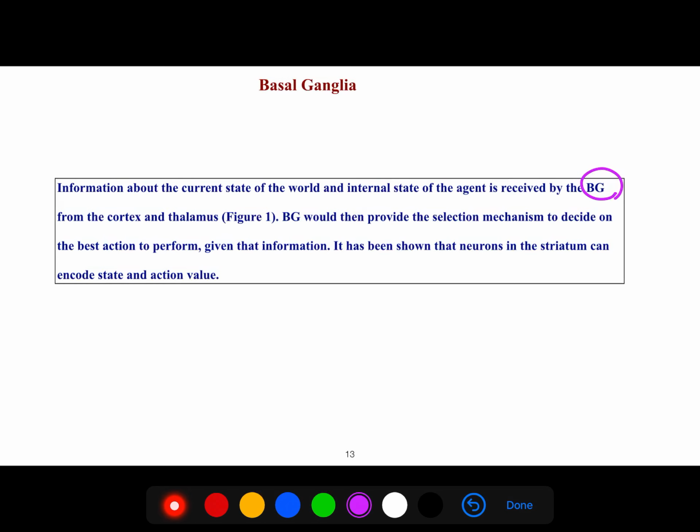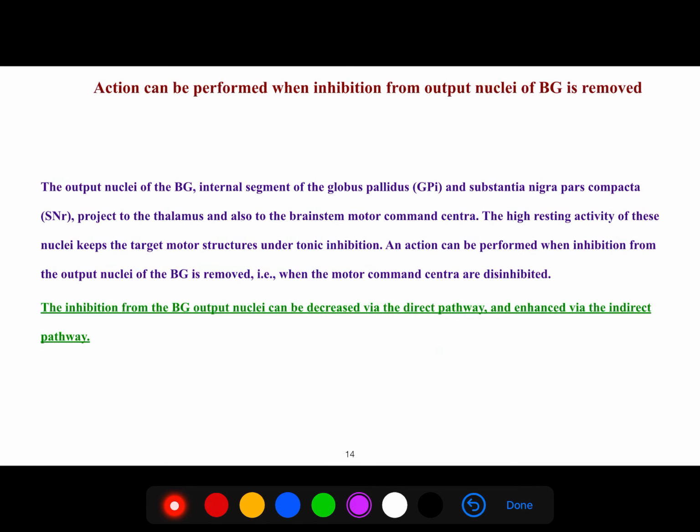Basal ganglia would then provide the selection mechanism to decide on the best action to perform, given that information. It has been shown that neurons in the striatum can encode state and action value. So now you understand how it encodes your state and action value. It is in your striatum inside your basal ganglia.